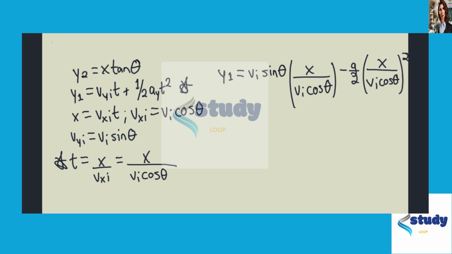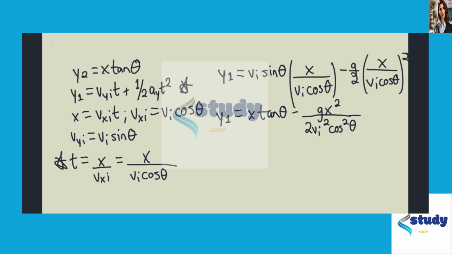And at this point, y sub 1 is simply going to be equal to x tangent of theta minus gx squared divided by 2 times v initial squared cosine squared of theta.